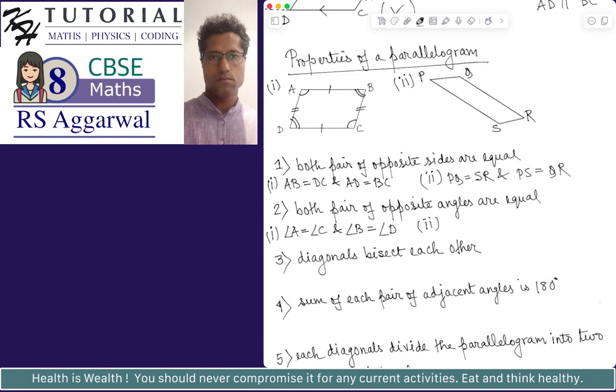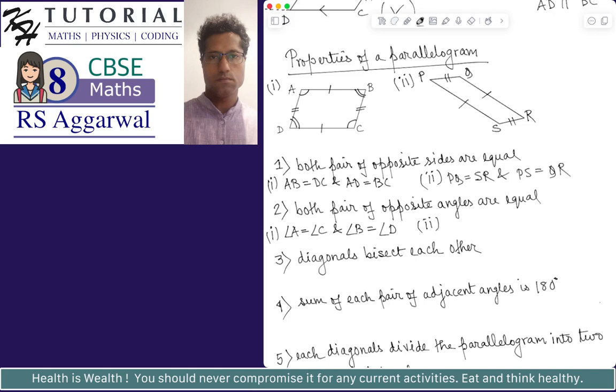Okay. So I did not visually indicate the property 1 in figure 2. So we will have sides PS and QR equal and PQ and SR equal. Okay. Now regarding property 2, the pairs of opposite angles are equal.